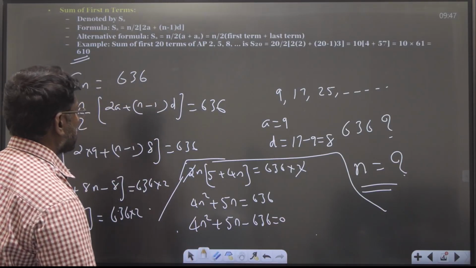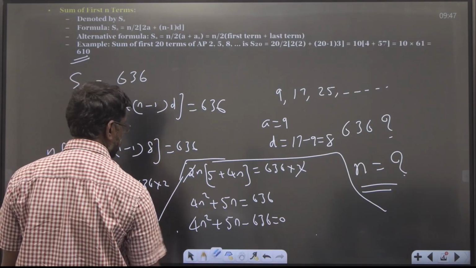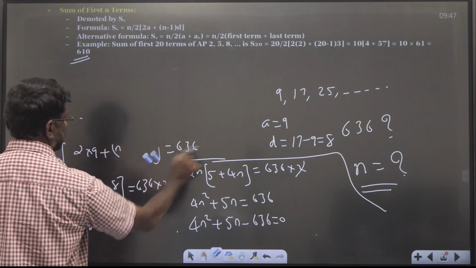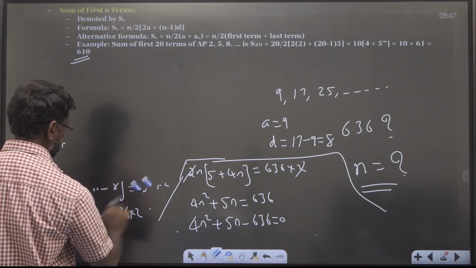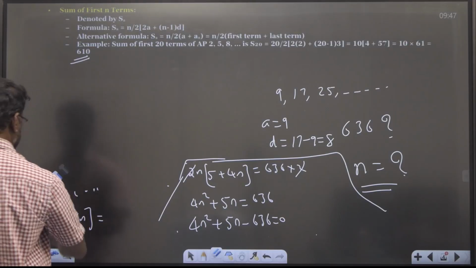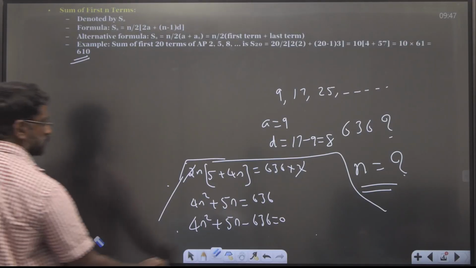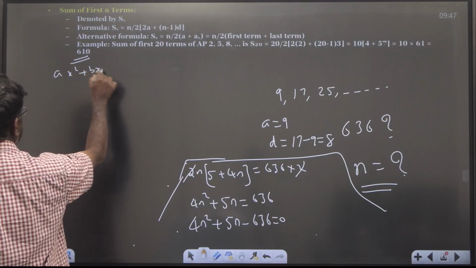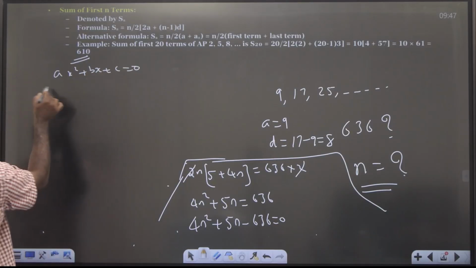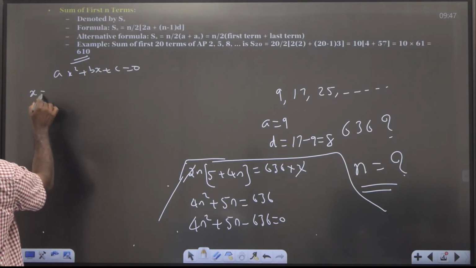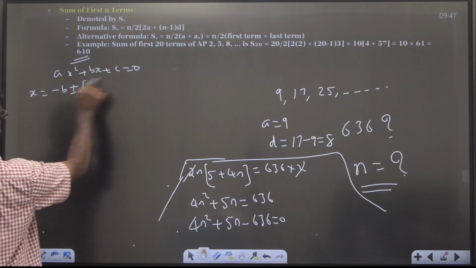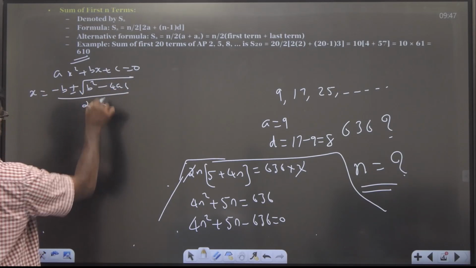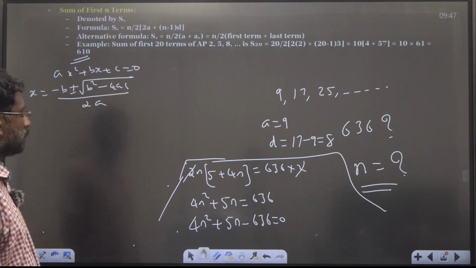Yes, it is a quadratic equation. Now we use the help of quadratic equations. Do you remember how to solve a quadratic equation? Suppose ax square plus bx plus c equal to 0. The roots are x is equal to minus b plus or minus root of b square minus 4ac, by 2a. This is our formula in quadratic equations.